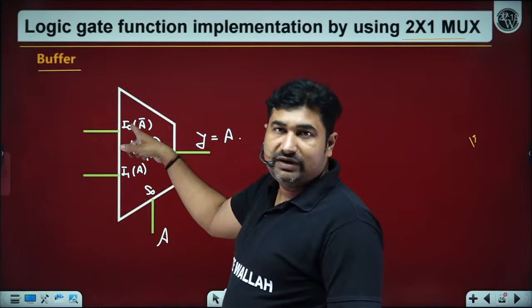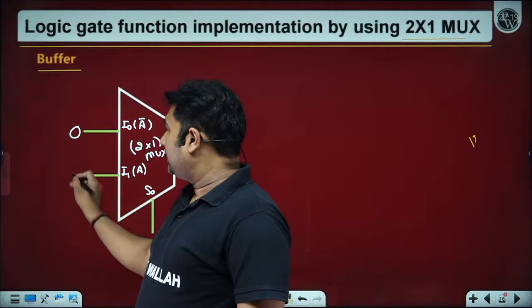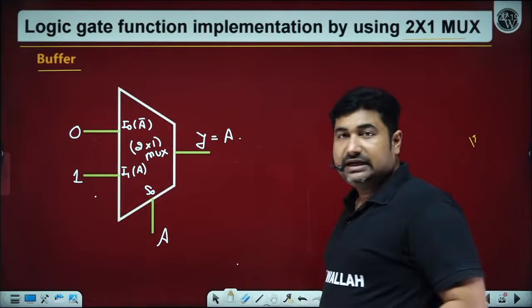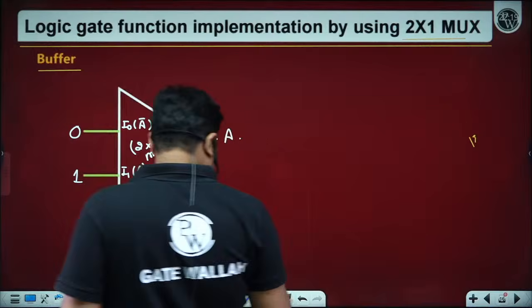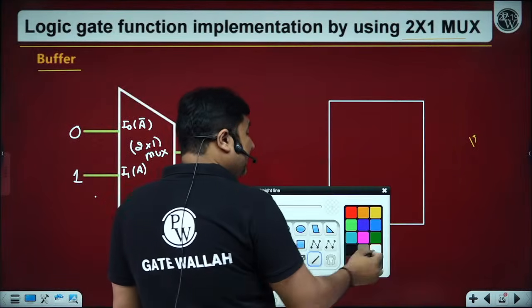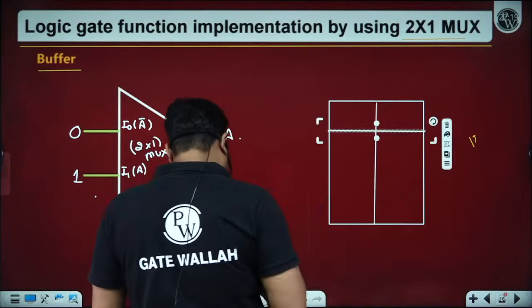So if we apply A, it will become A bar and A. So if we apply 0 here and 1 here, then our function will get implemented. Always remember, if all the variables are onto the select line, then it is very easy to implement a function by using a multiplexer.